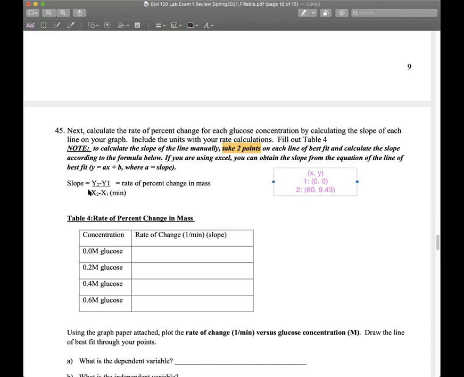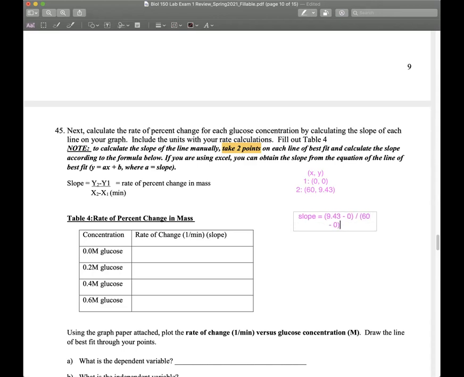And then we would set it up this way. Y2, that's 9.43, minus Y1. Well, Y1 is 0. And then divide that by 60 minus 0.